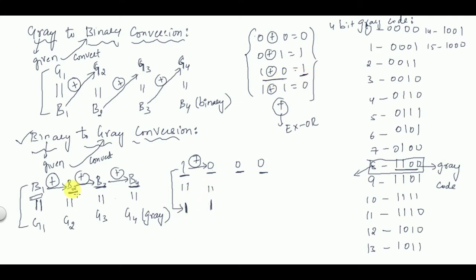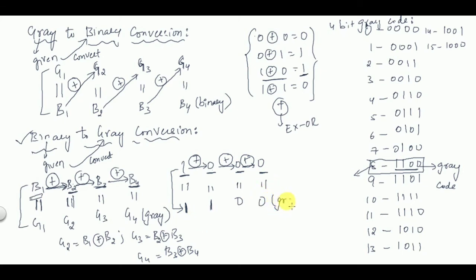G3 is B2 XOR B3, and G4 is B3 XOR B4. 0 XOR 0 is 0, and 0 XOR 0 is again 0.